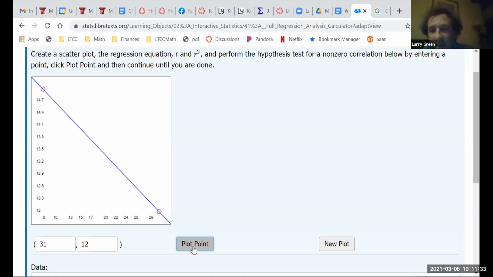Any thoughts? The hint is it's obvious. What do you think R squared will be? How far away are these points from the line?